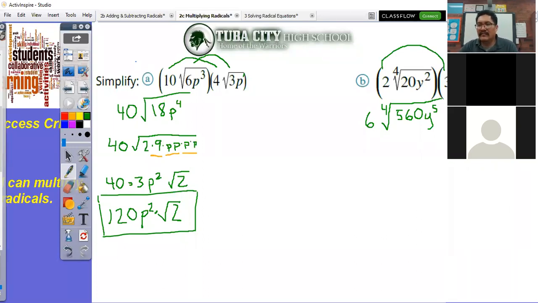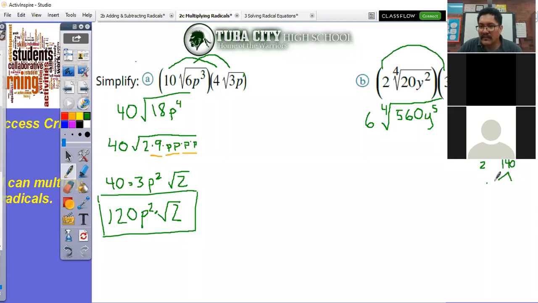So 560 divided by 2 is 280. And then 280 is also an even number, so I can divide it by 2. So in this case here, it's going to be 140.